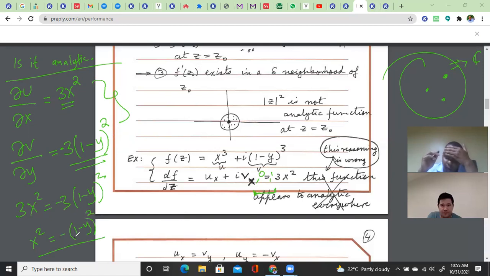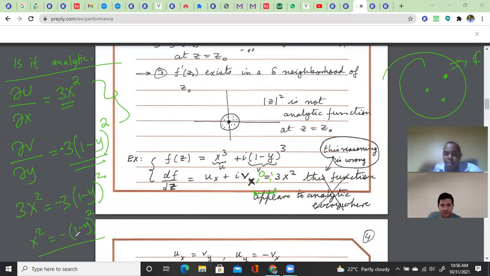We're talking about this function not being analytic, because our derivatives are not equal, and it could be analytic at some point if we could solve this equation.